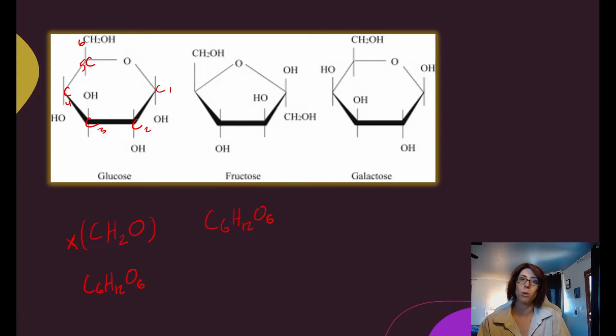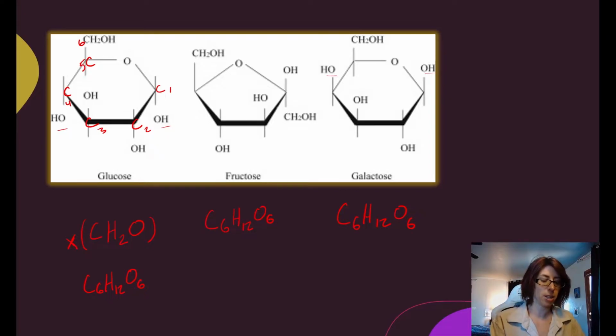They have the same chemical formula, but the atoms are arranged in a different way. The same thing with galactose. Galactose is also C6H12O6, but it's an isomer because these hydroxyl groups are both facing up instead of down. Sugars don't have to have 6 carbons as long as they maintain this ratio of carbon to hydrogen to oxygen.